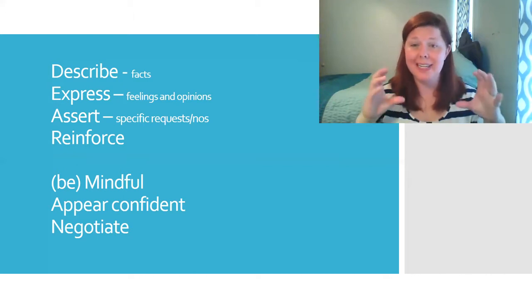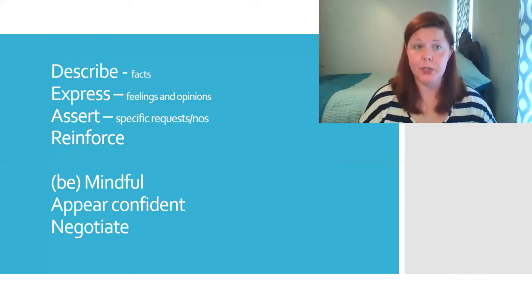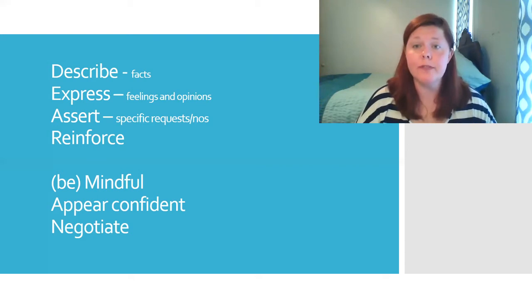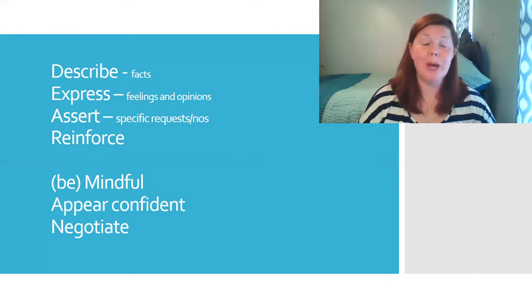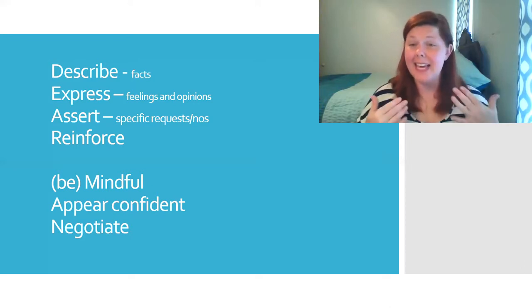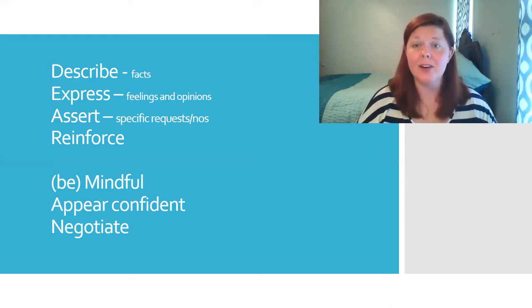First of all, the DEAR part of this, which stands for describe, express, assert, and reinforce, is essentially a structure for you to follow when needing to ask for things or say no to things. What we know about following this structure is that when people do that, they actually significantly increase the likelihood that they are going to get their needs met in a given situation, that they're going to have the outcome that they're hoping for.